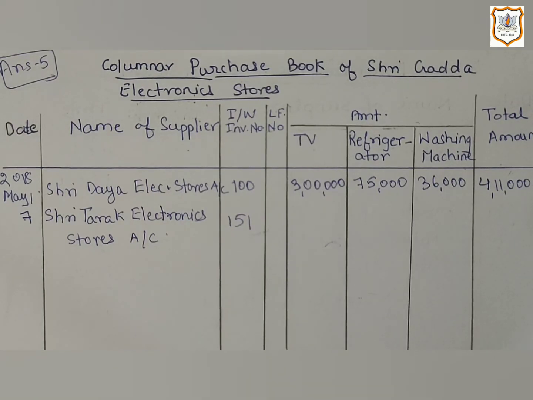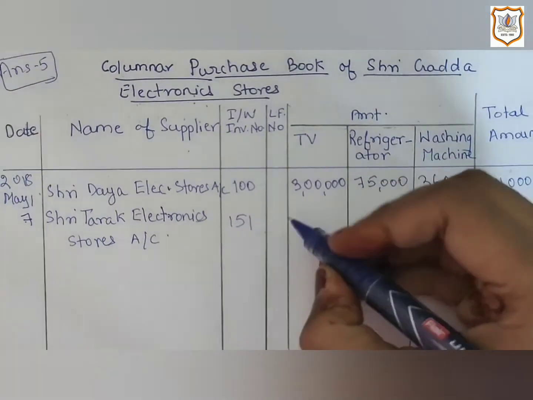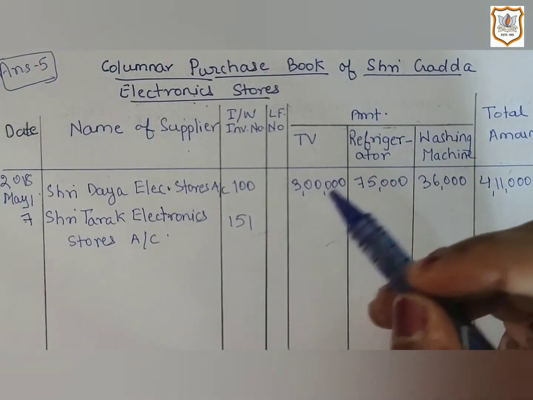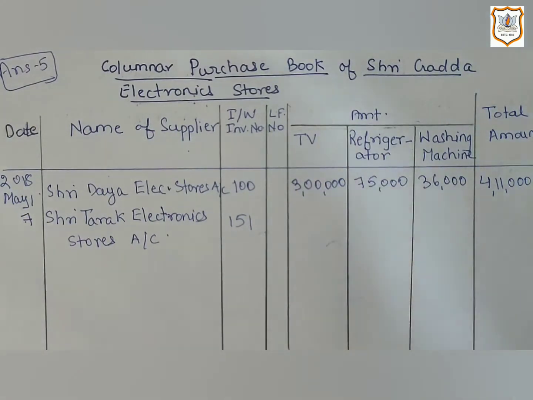So 25,000 multiplied by 5 is 1,25,000. But here a trade discount is also given, that is 10%. So from 1,25,000, we have to deduct the 10% trade discount. That means we have to deduct 12,500.